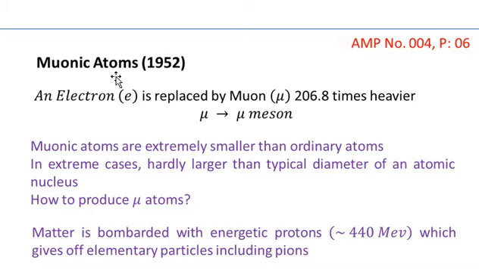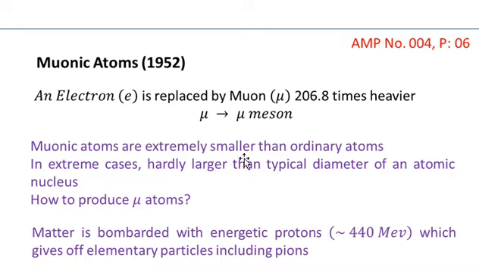That's why we are studying the muonic atom. So let's start. An electron e is replaced by a muon, which we represent by the symbol mu, having a mass 206.8 times heavier than that of the electron. These particles, which we call muons, are also known as mu mesons.